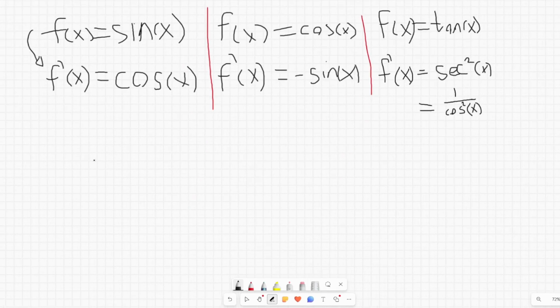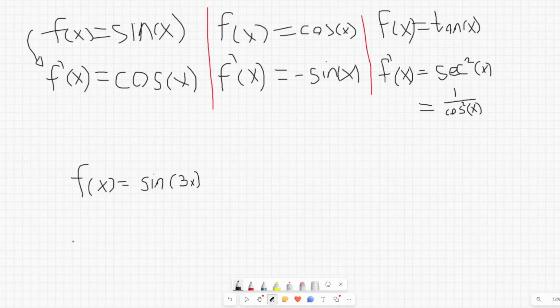Alright, so what is the derivative? I'll keep this up here at the top. What is the derivative of f of x is equal to sine of 3x?